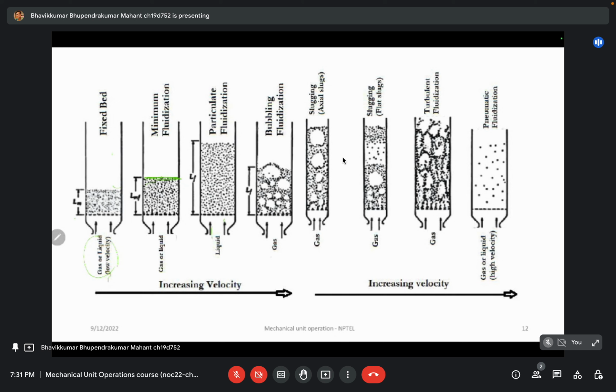If you use liquid, you get this kind of fluidization, also known as particulate fluidization. Talking about gas, then bubbling fluidization, slugging, axial slugs, flat slugs, turbulent fluidization, and at the end pneumatic transport, which we use to transport the solid particles.